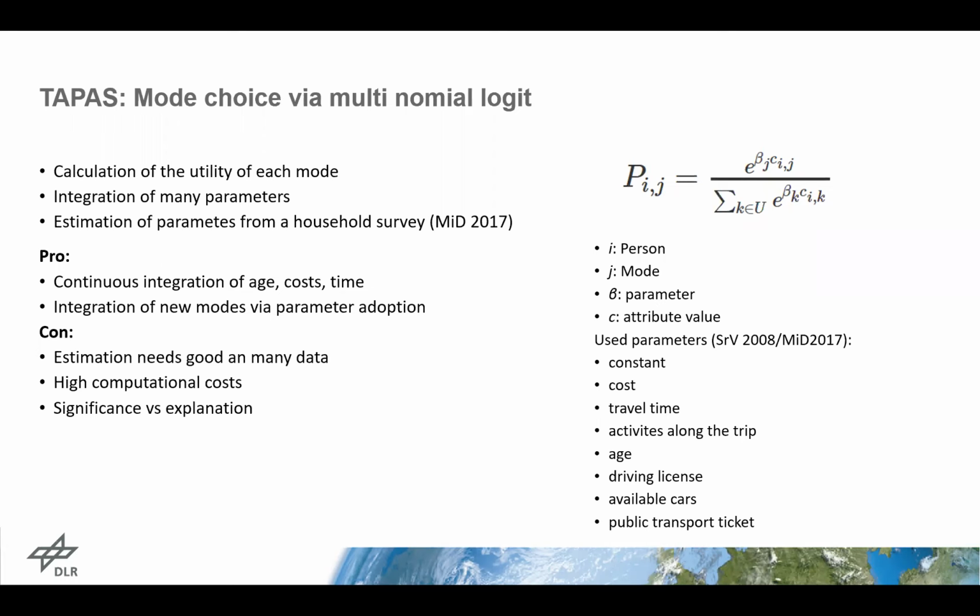For instance, age in case of car driving usually shows you that you can obtain your driving license only from a certain age, usually 18 or 16.